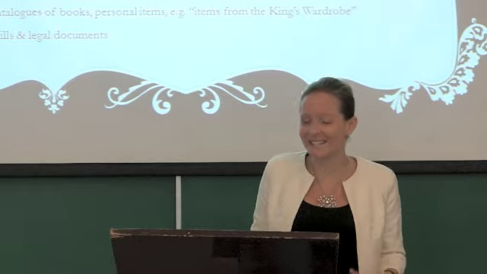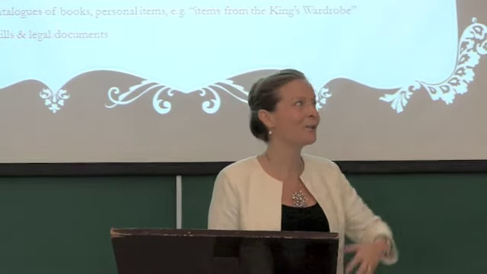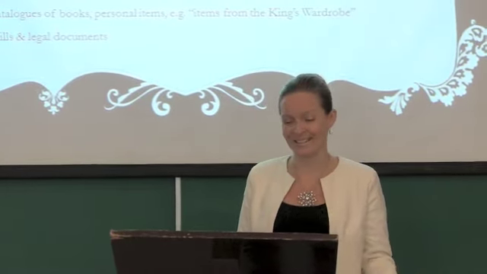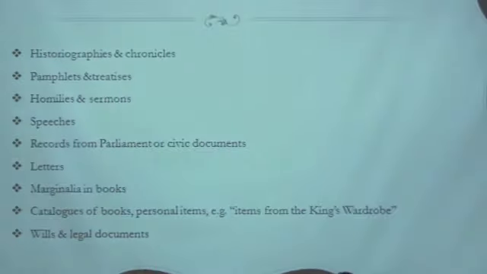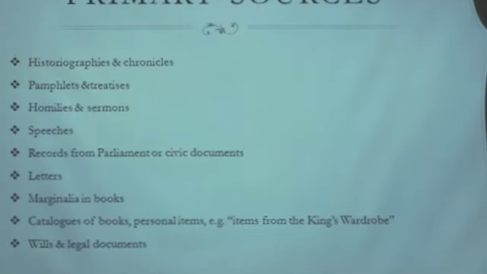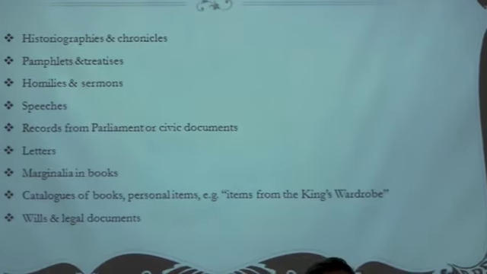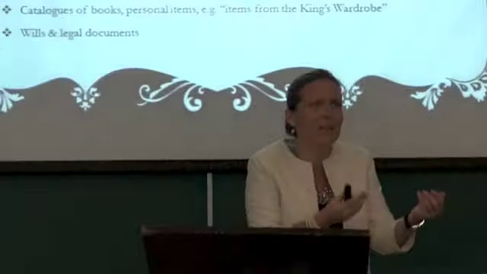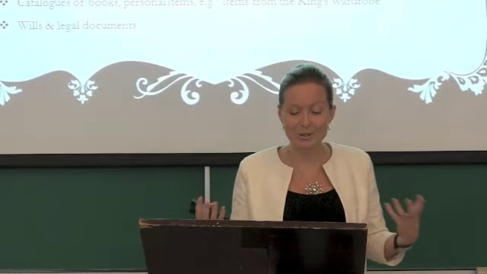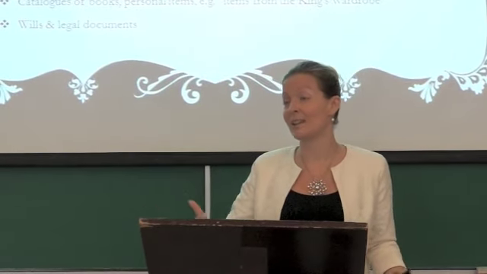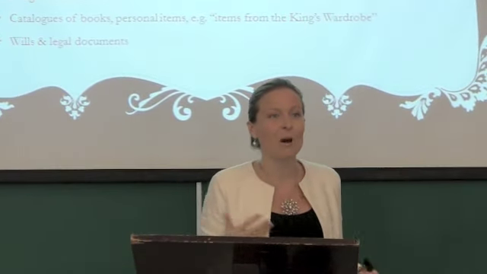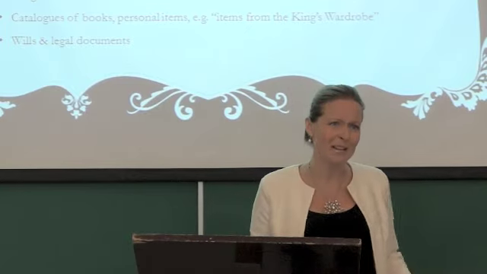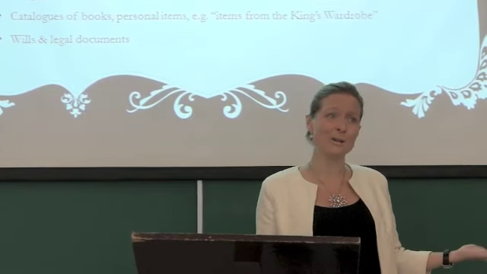You might want to look at homilies and sermons, speeches, records from Parliament, civic documents, letters, marginalia in books. Authors often write in the pages of their books, and that is some scholars' absolute field of expertise: they read the marginalia, so they read authors reading authors. Catalogs of books or personal items. If you're interested in Henry VIII, we have huge documents of itemized lists of what is in his wardrobe, what his clothing was, what he got as gifts for New Year's presents.